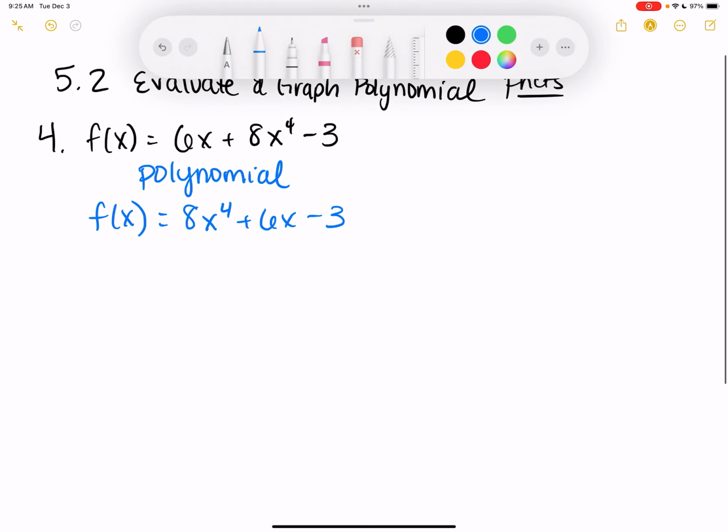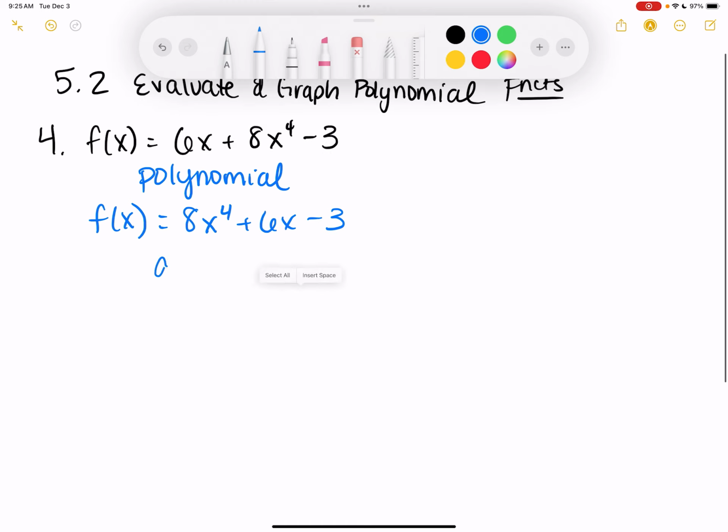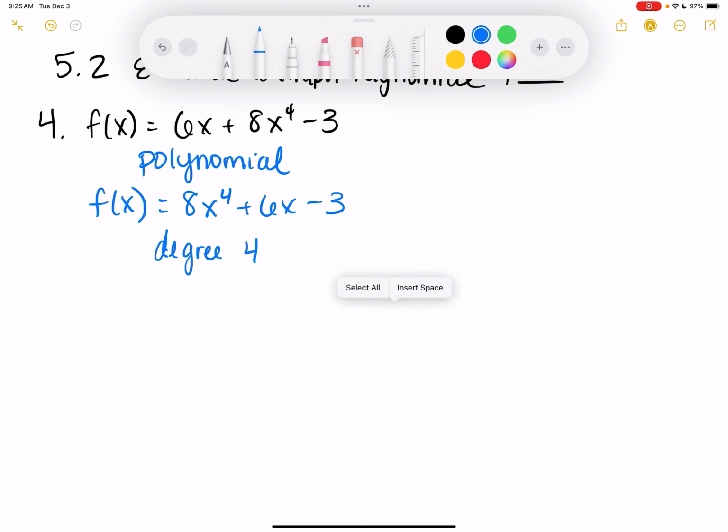So it should look like how the stuff in your notes did, where it's written in descending order from the greatest power down to the least power. So the degree is whatever is on the highest power term, so that's going to be 4. The type, see if you have your notes.